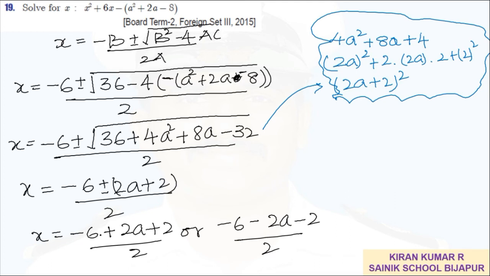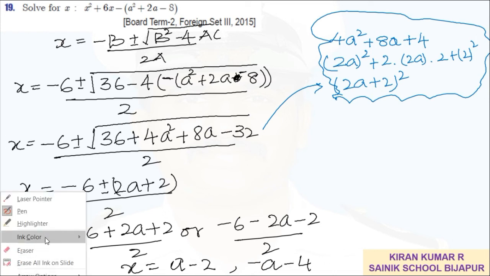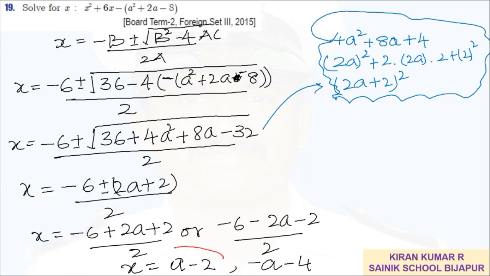Here on simplification this becomes minus 4, so 2a minus 4 by 2 simplifies to a minus 2. This will be minus 2a minus 8 divided by 2. Upon simplification it is simply minus a minus 4. So the roots are a minus 2 and minus a minus 4.